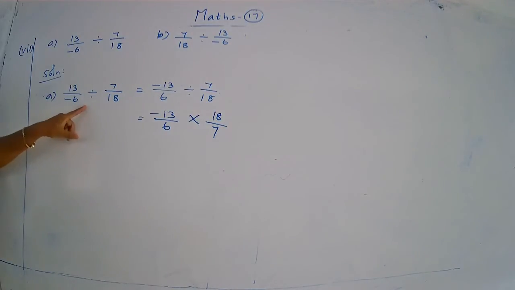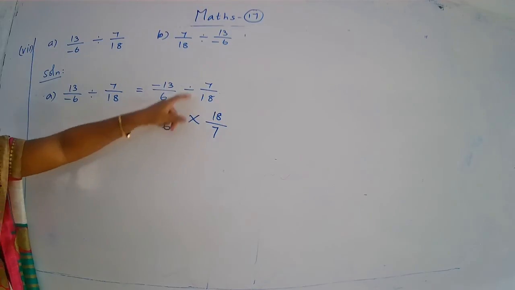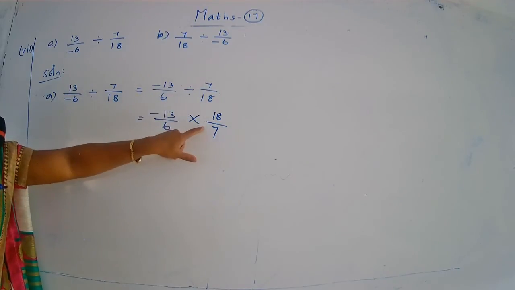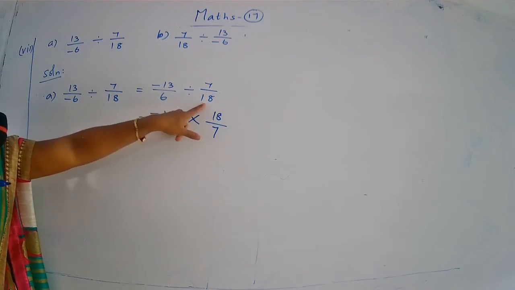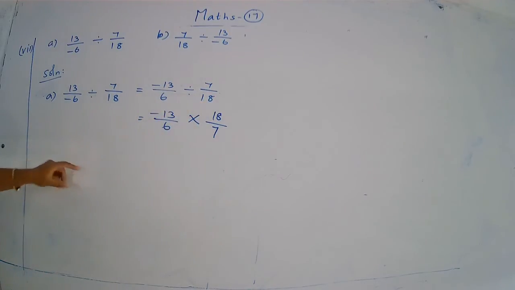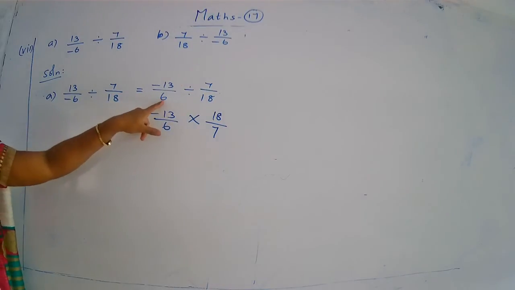Say, minus 6 upon 13. Okay, children? The reciprocal of a negative rational number is also negative only, okay? So, in a reciprocal, the numerator becomes the denominator and the denominator becomes the numerator, okay? So, the reciprocal of minus 13 upon 6 is minus 6 upon 13, okay?